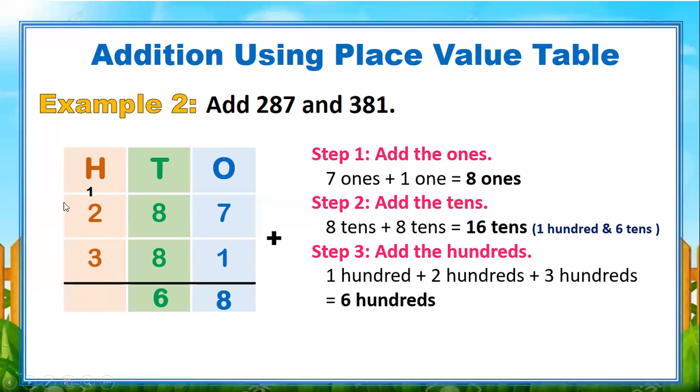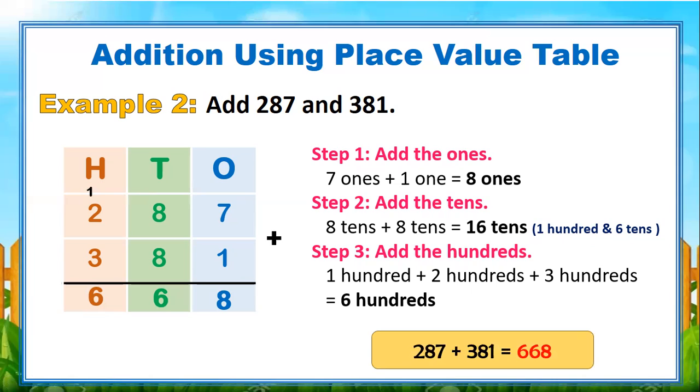So 100 plus 200 plus 300 is equal to 600. Therefore, 287 plus 381 is equal to 668. Can you follow? All right.